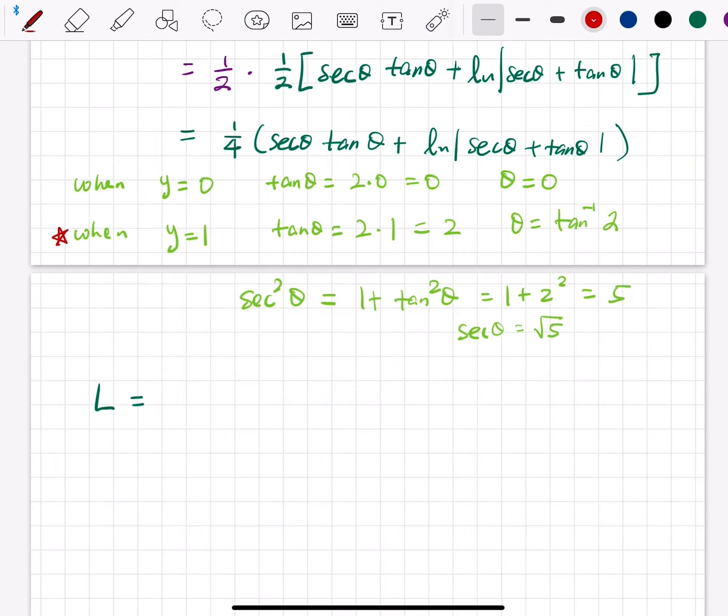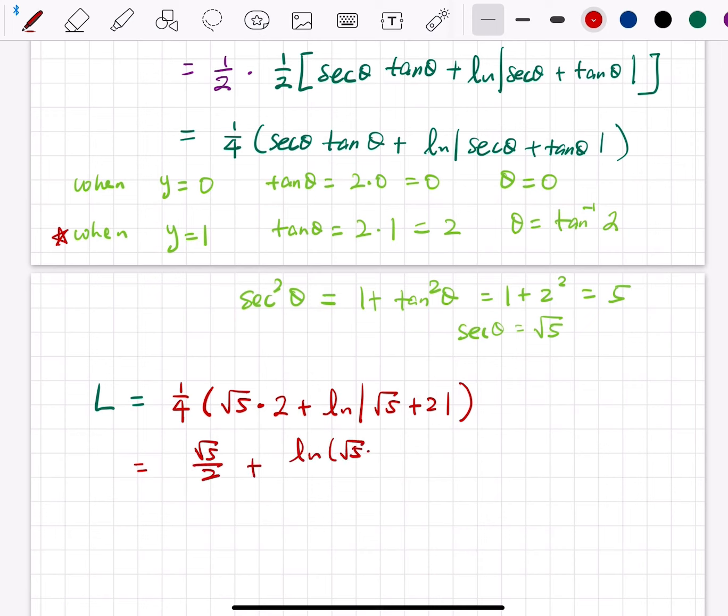So when y equals 1, L is equal to 1/4 secant theta, square root of 5, multiplied by tangent theta, 2, plus ln of secant theta, square root of 5, plus 2, which is going to be square root 5 over 2 plus ln of square root 5 plus 2 over 4. And when theta equals 0, then tangent is equal to 0.